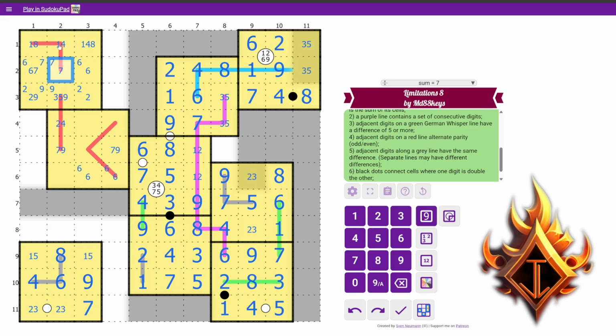This is 6, 7 with a 3 or 5. And this is 2, 9 with a 3 or 5. So I need to find out. So one of these are even. 2, 4, 8.